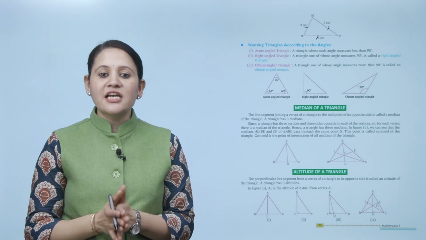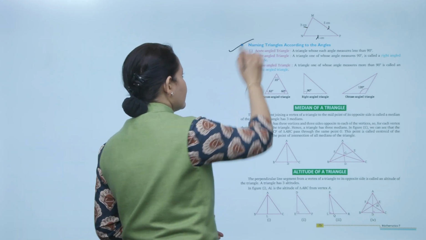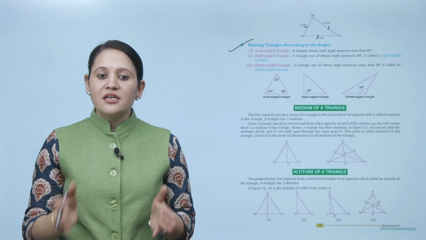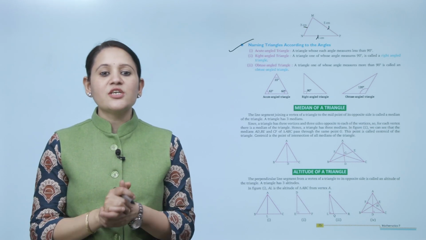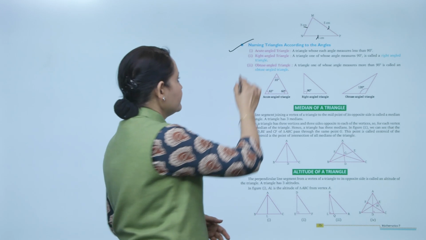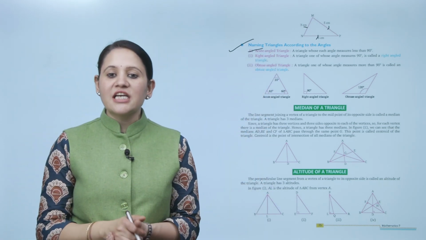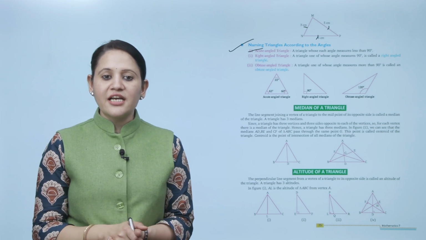Next is naming triangles according to angles. Earlier we did naming triangles according to sides. Now we will do according to angles. First is the acute angle triangle. A triangle whose each angle measures less than 90 degrees is an acute angle triangle.